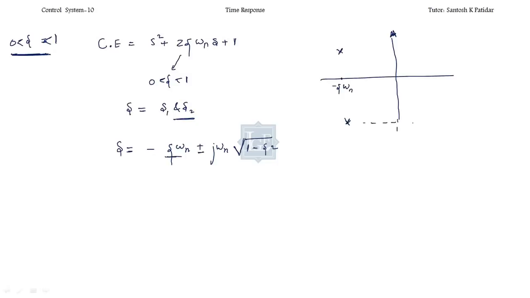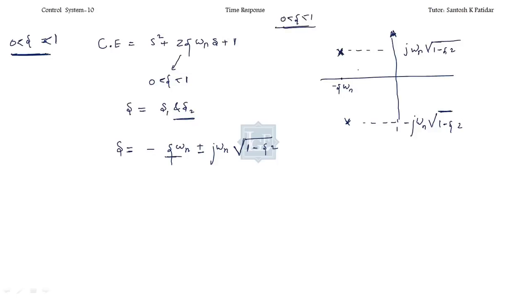This one is minus j omega n square root of 1 minus zeta square, and over here this will be j omega n square root of 1 minus zeta square. Okay, so this is your system response for zeta range 0 to 1.